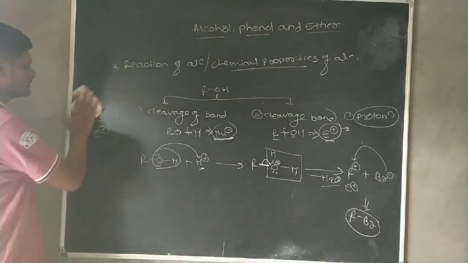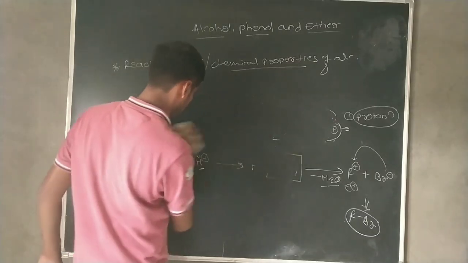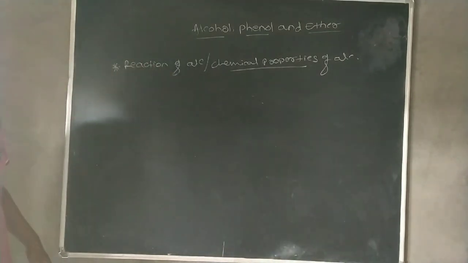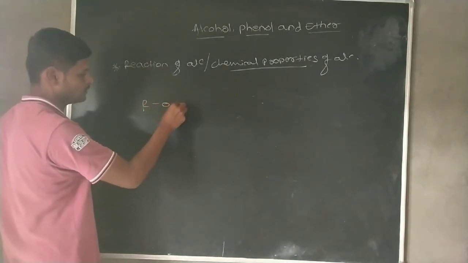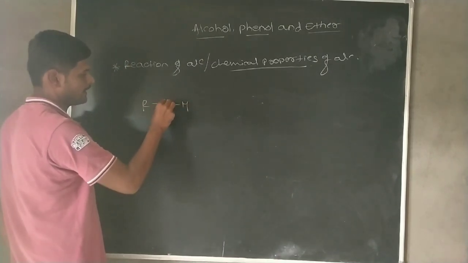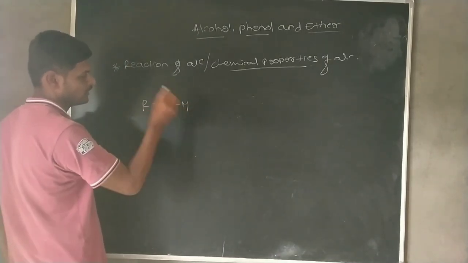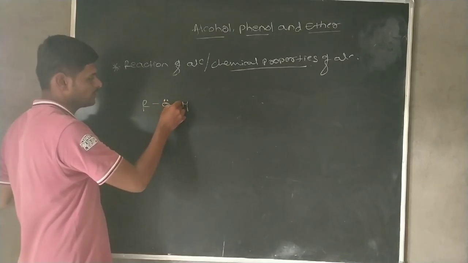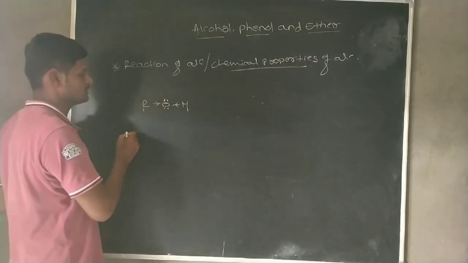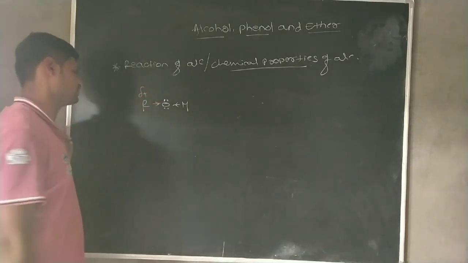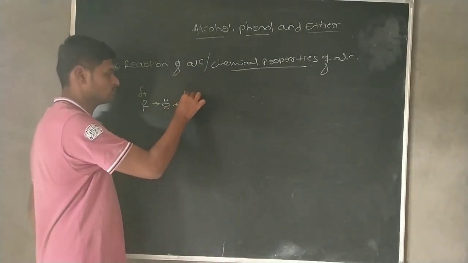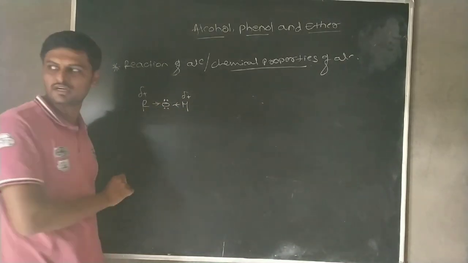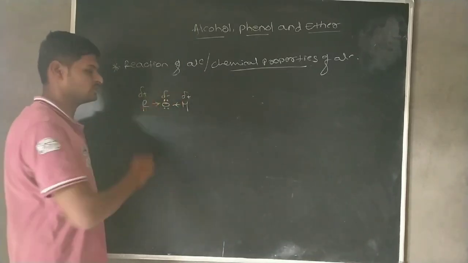Okay, after that, in case of alcohol, the alcohol carries one alkyl group and one hydrogen atom. Because oxygen shows electronegativity, it attracts the electron pair towards itself. This alkyl group shows a partial positive charge, and this hydrogen also shows a partial positive charge. Then electron density increases around the oxygen atom, so this oxygen carries a partial negative charge.